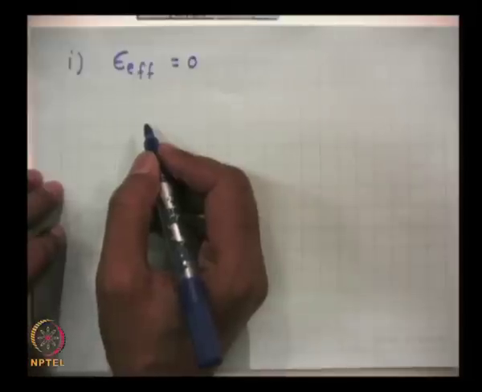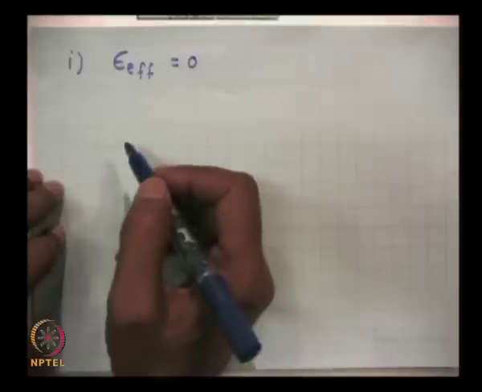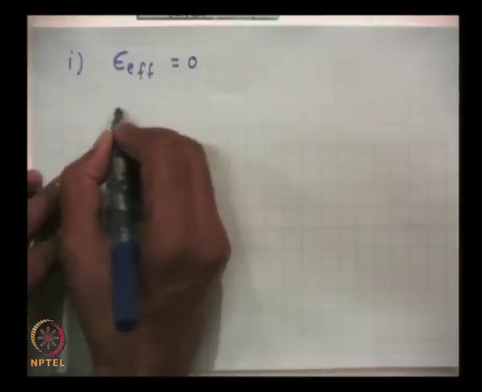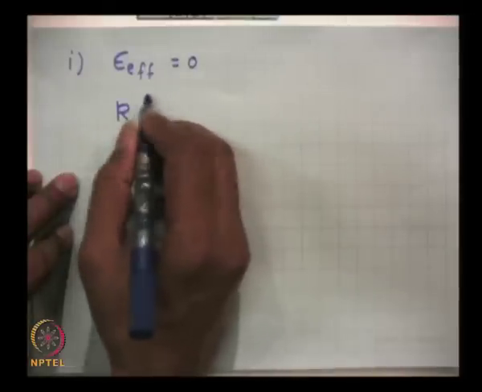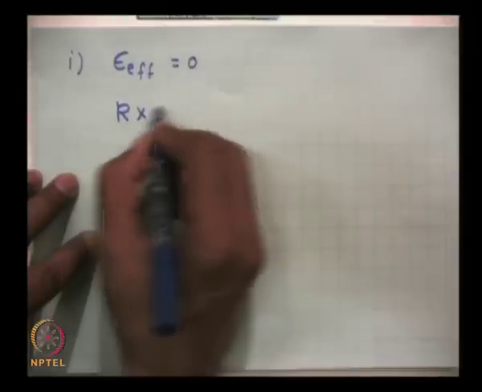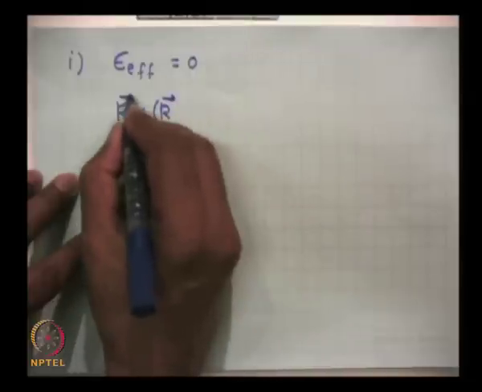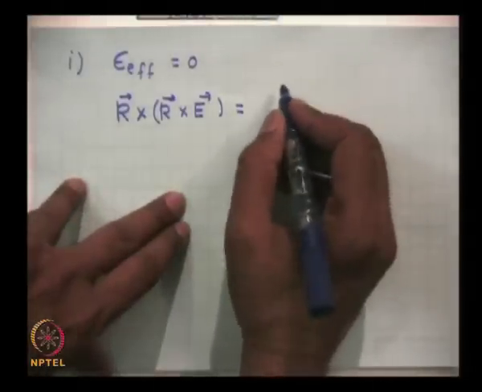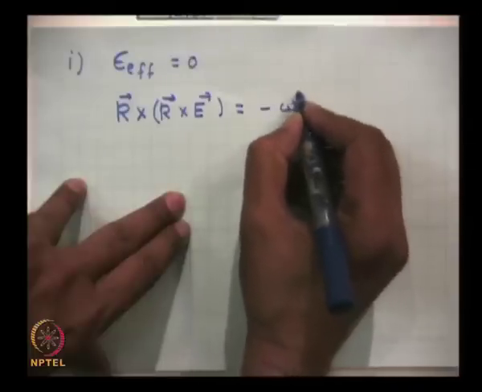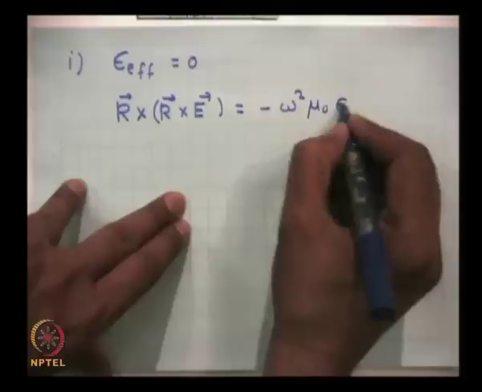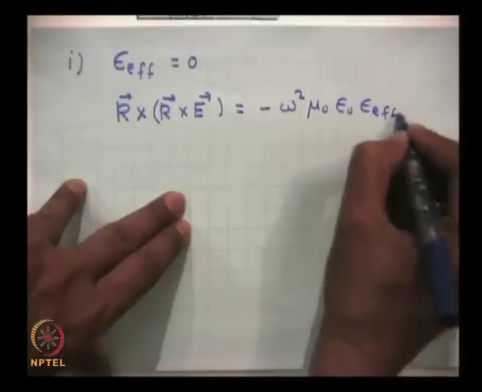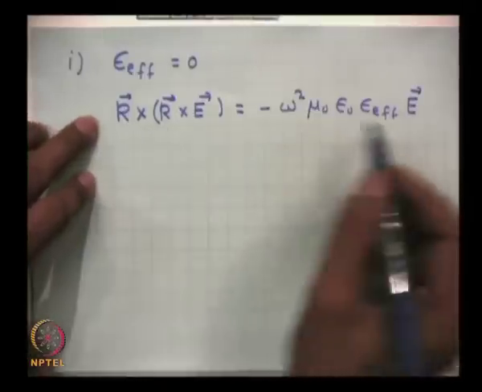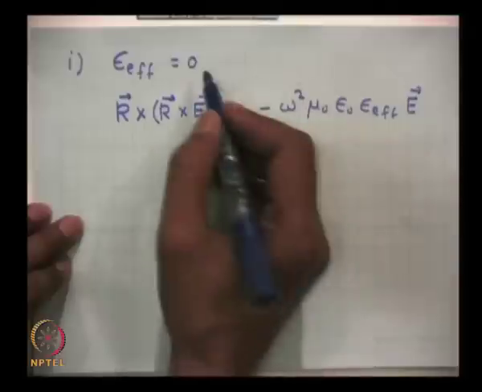In view of this, if I write down my k cross E equation again, let me write this, I think I have been a little fast here: k cross k cross E is equal to minus omega square mu 0 epsilon 0 into epsilon effective into E. This was the basic equation whose k dot I took, and I got this condition that I can satisfy this equation when this is 0.